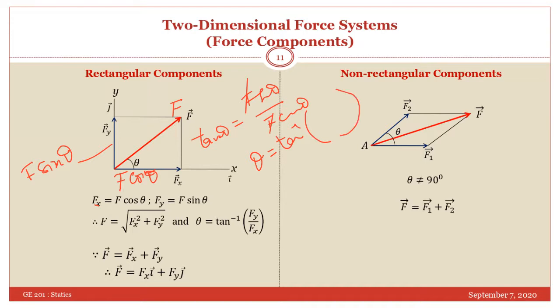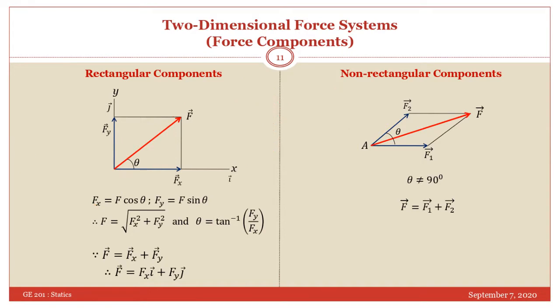So here it is written Fy over Fx. So this upon this, magnitude wise. So theta will be equal to tan inverse of Fy over Fx.